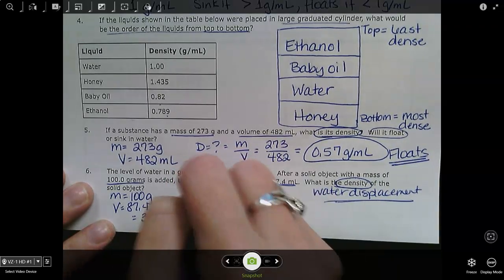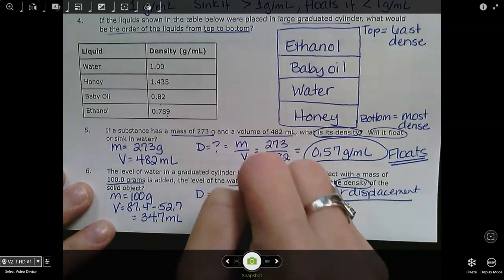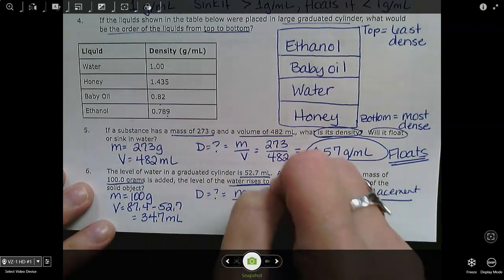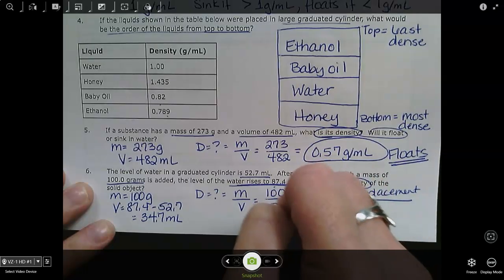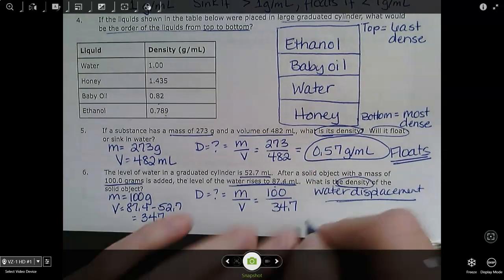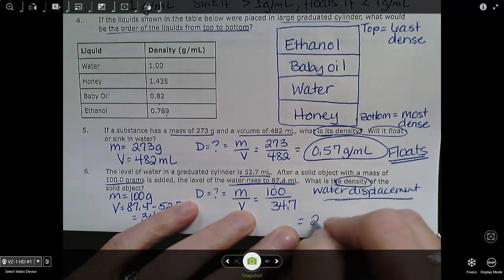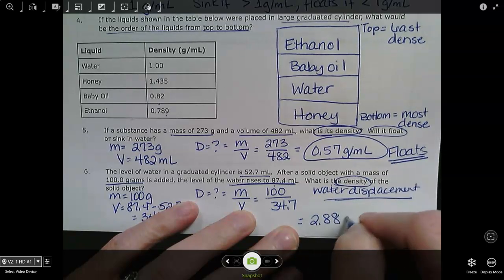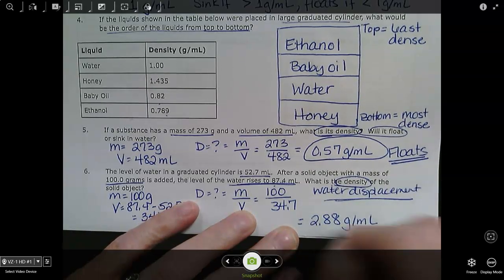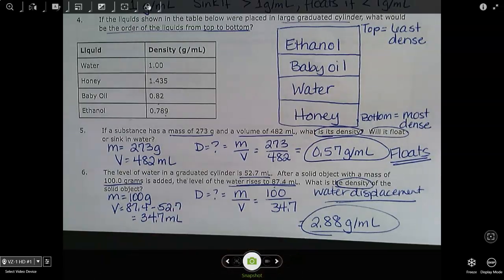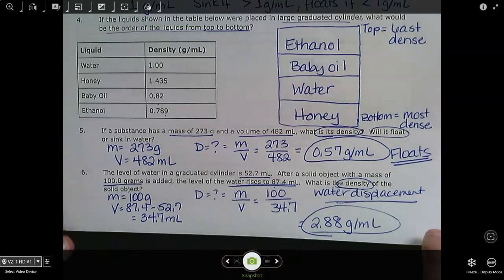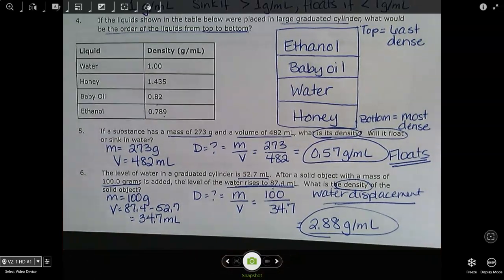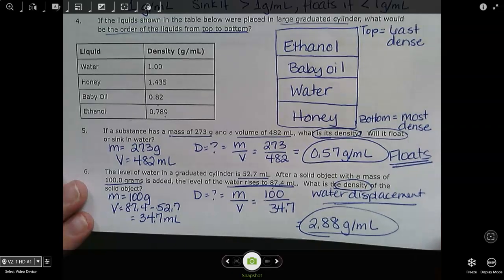So now to find the density, again, I'm going to use mass over volume. So 100 divided by 34.7 is going to give me 2.88 grams per milliliter as the density of my object. So given two volumes, you're looking at a water displacement problem. Subtract final minus initial to get the volume of your object.